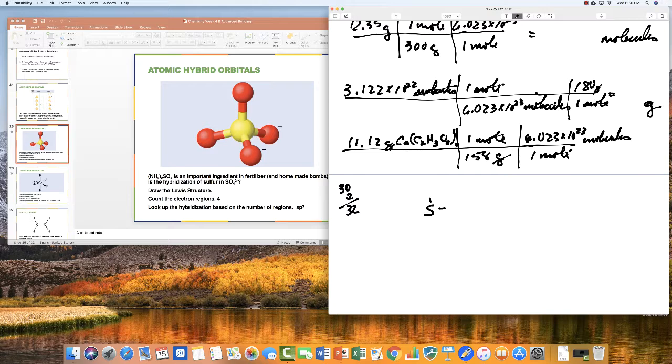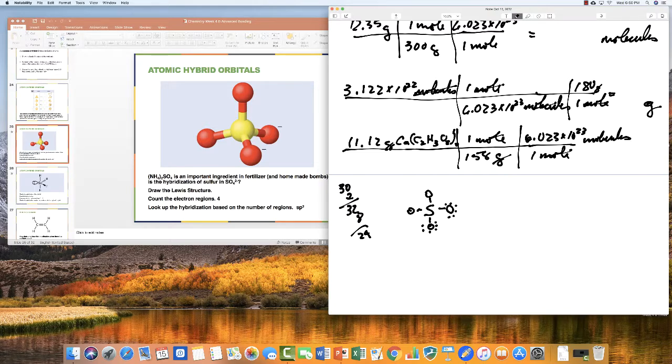Then you surround it with oxygens, and each of those represents a pair, so that's 8, leaving 24. And if you put 6 electrons around each one of these, you end up using all the electrons.